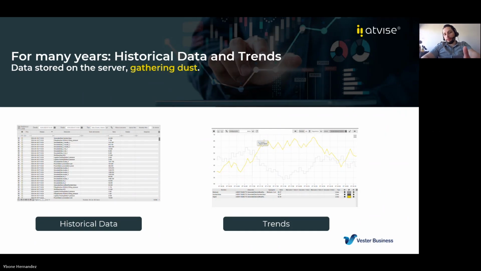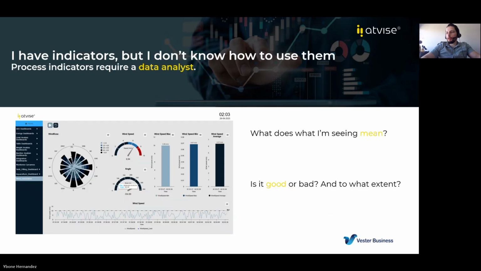And at the same time, you could plot it in trends. But is that enough? That's a question that we need to ask ourselves. Do we actually extract all the information that we need from that? Is what we are extracting from that data enough in order to take decisions? What we've seen is that that is not enough.